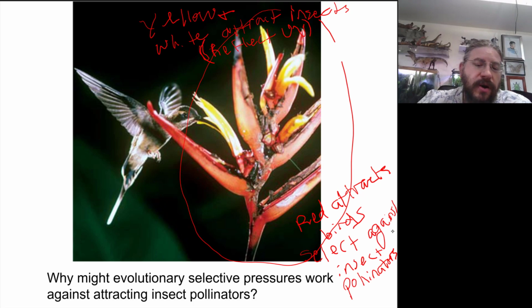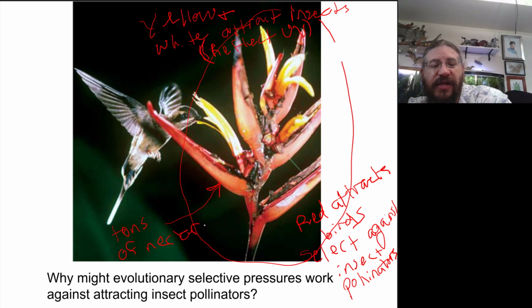So this flower with the hummingbird pollinator cranks out tons of nectar. Even though it's cranking out tons of nectar, it's still not enough to satisfy a hummingbird's energetic needs. So that hummingbird is going to dip its beak into the flower and get pollen all over its beak. And it's going to drink a bunch of nectar, and then it's going to go off to other flowers in order to fully meet its nectar needs.